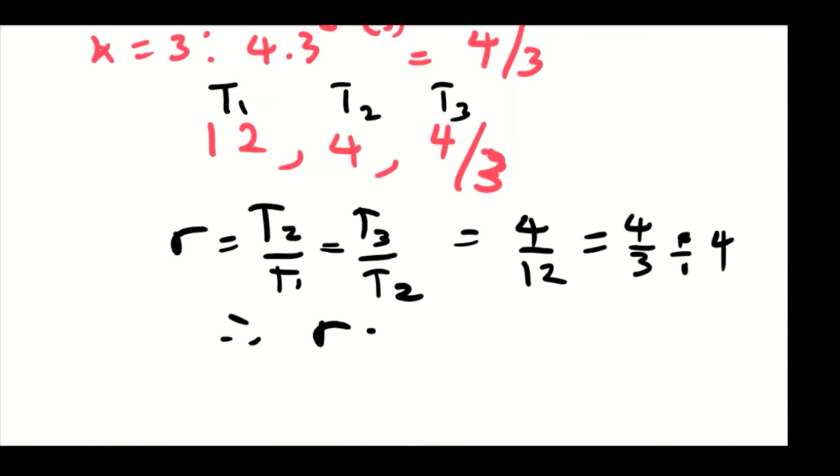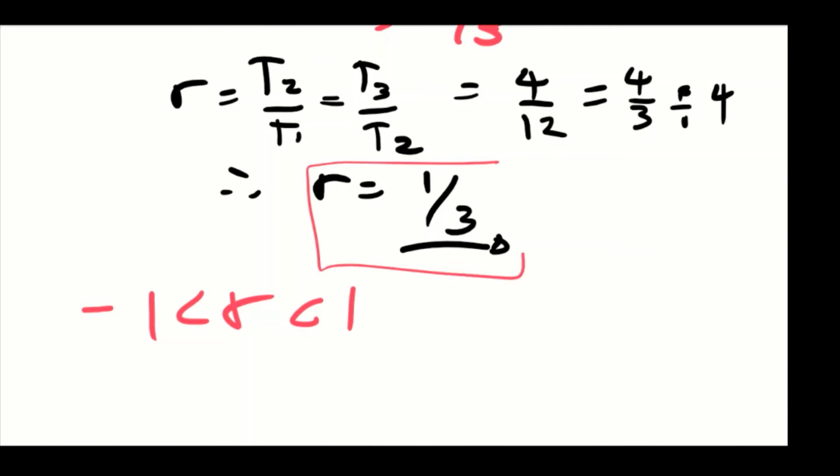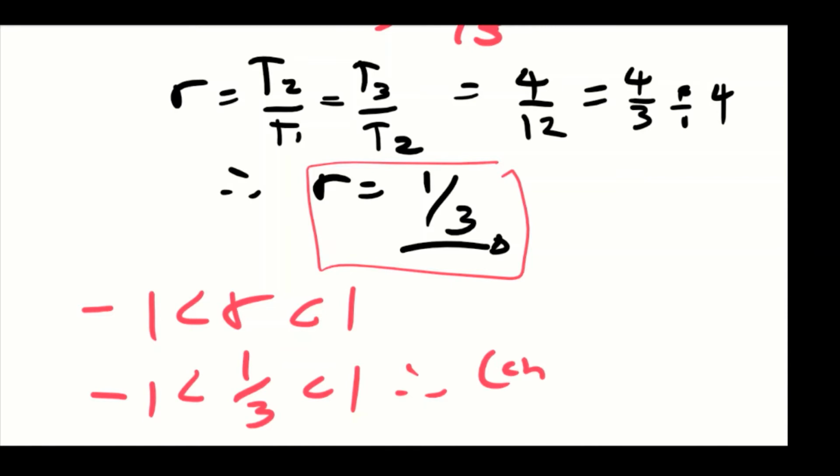So the ratio that we found here is 1 over 3, right? To prove convergence, we know that r must lie between minus 1 and 1, and since we found r to be 1 over 3, it definitely lies between minus 1 and 1. So therefore the series here converges, right? So we've answered the question.